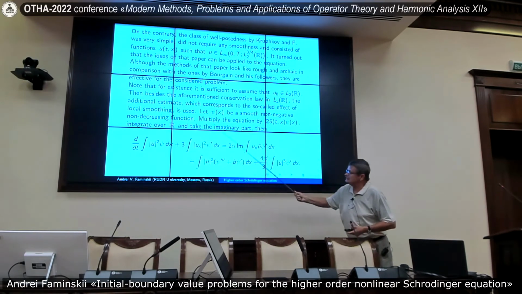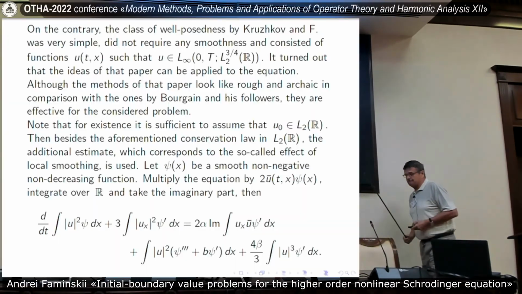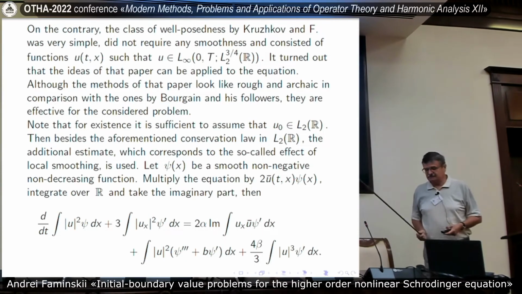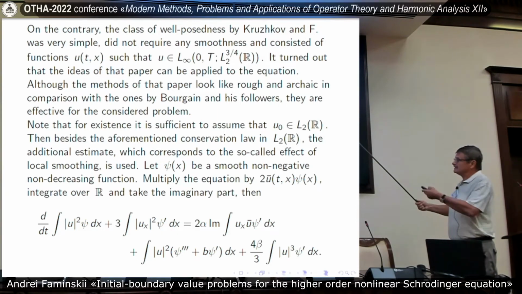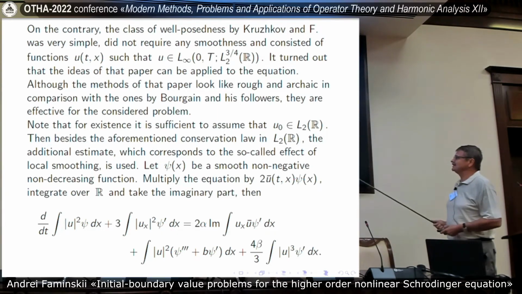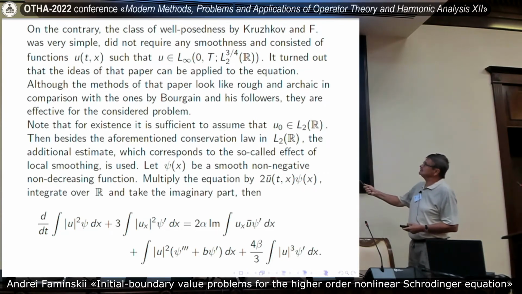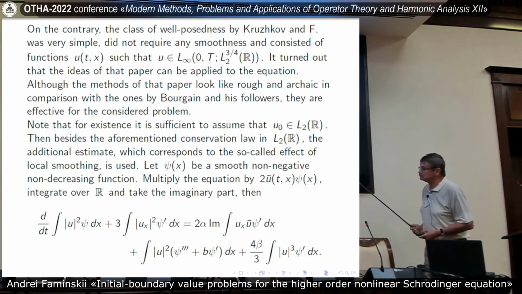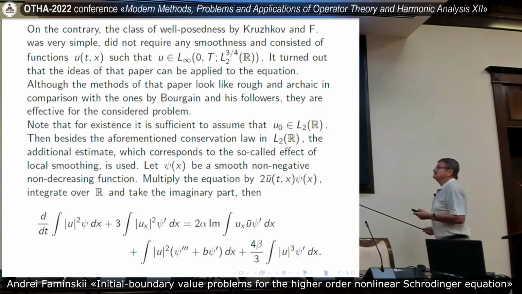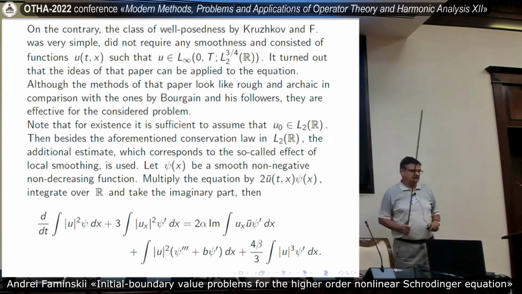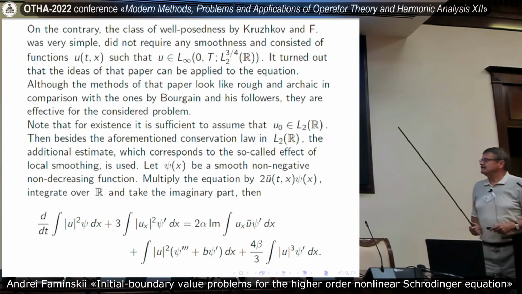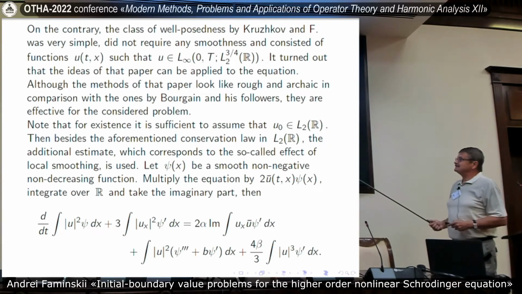Again, what I want to say is which conservation laws or global a priori estimates are used here. The first one is, of course, the conservation law in L2, but the next one is the so-called smoothing effect.